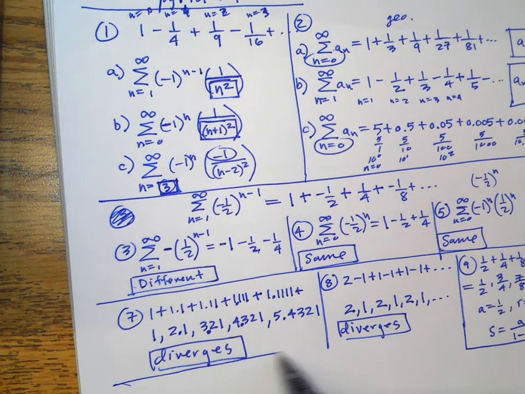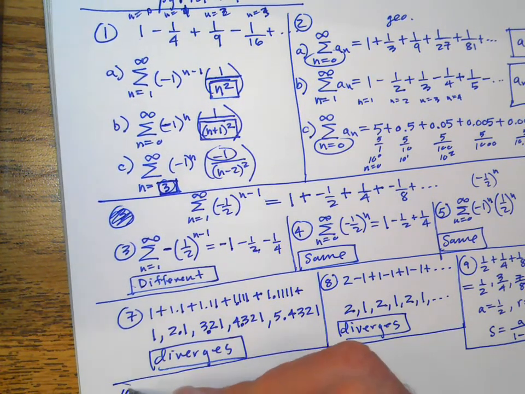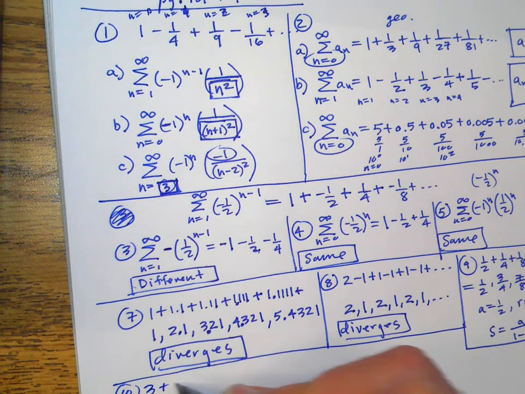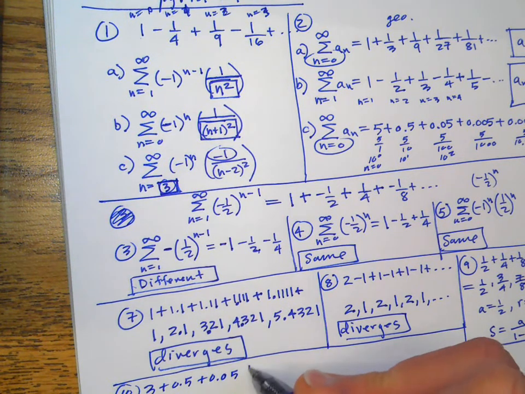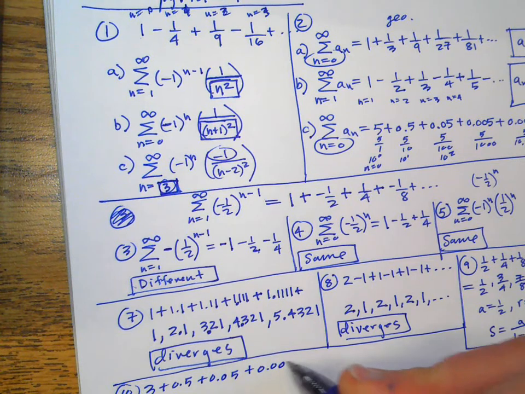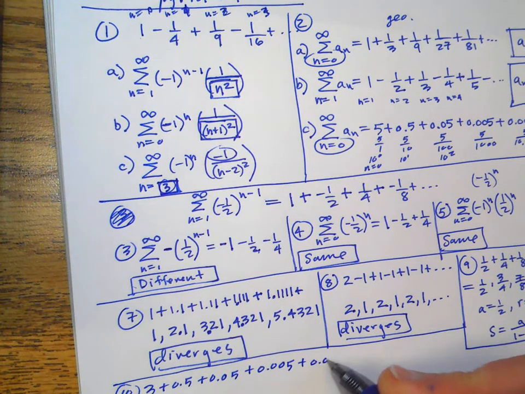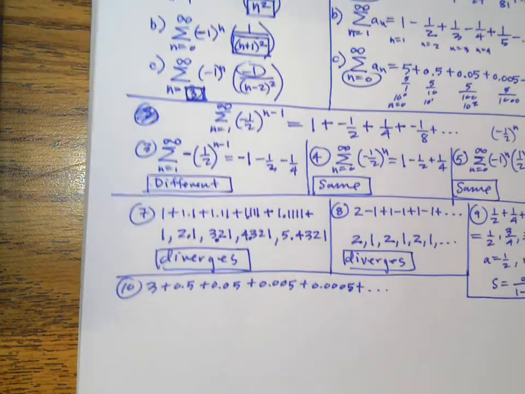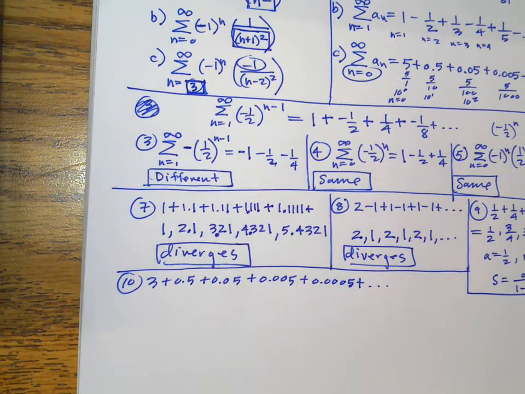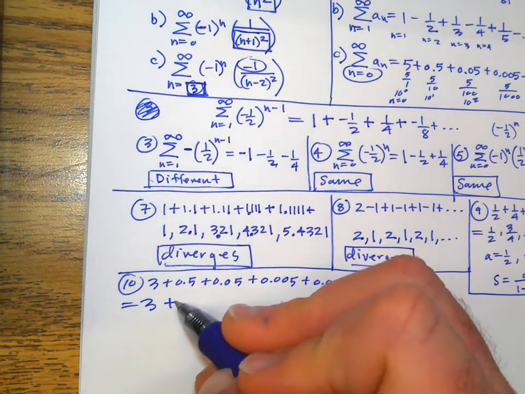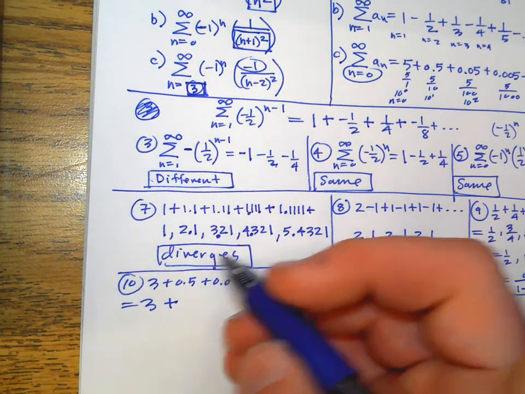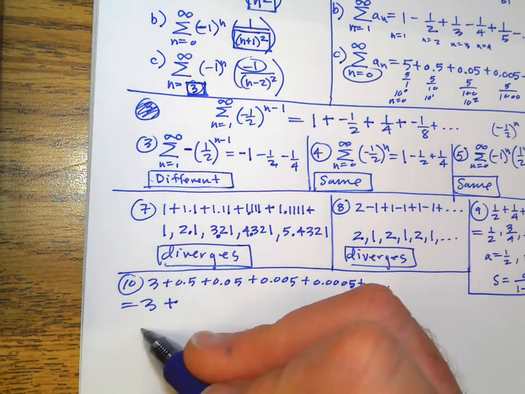Okay, number 10, same kind of problem. 3 plus 0.5 plus 0.05 plus 0.005 plus 0.0005 plus ... So sometimes it could just be a random number in front. You can kind of ignore that. Now, we are supposed to write the partial sums. The first partial sum is 3.